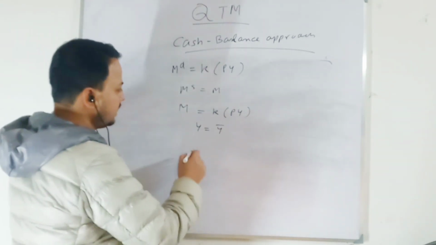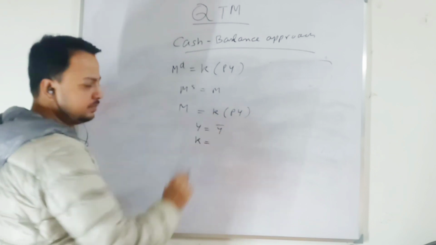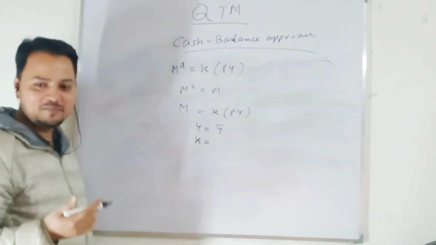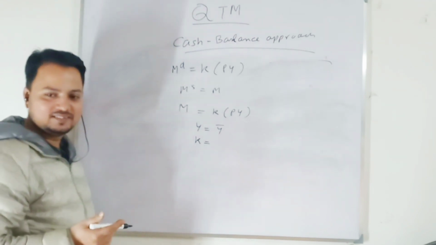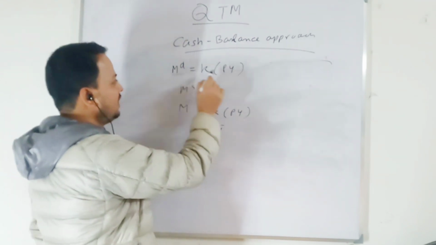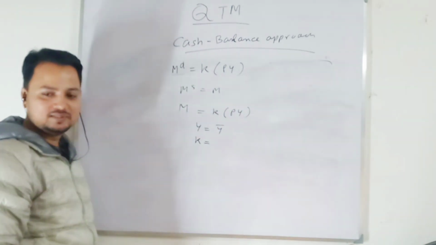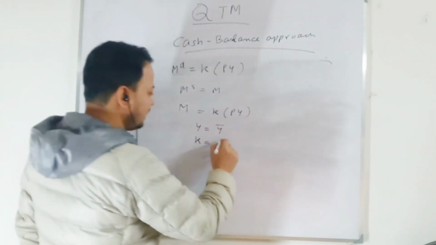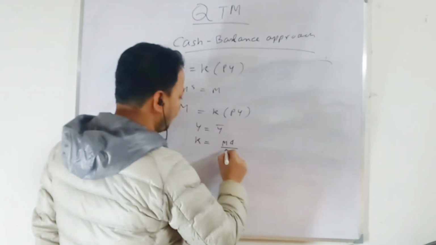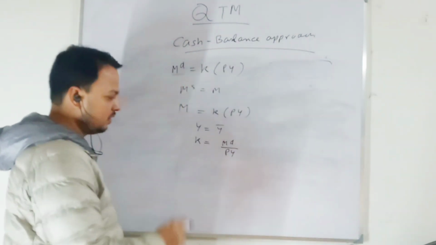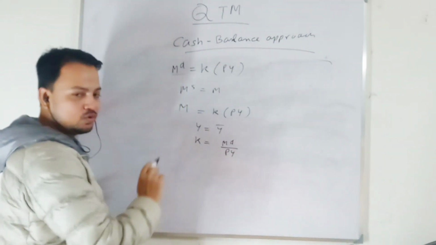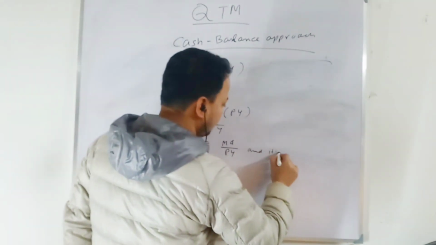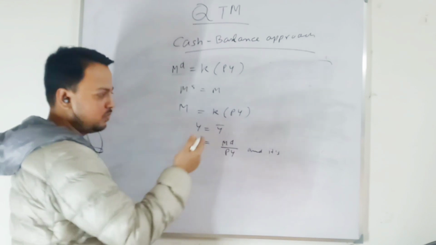Second, this is K. What is K? K is money demand as a proportion of the value of output. And it is constant. It is constant because it is associated with Cambridge, so we write Cambridge constant.